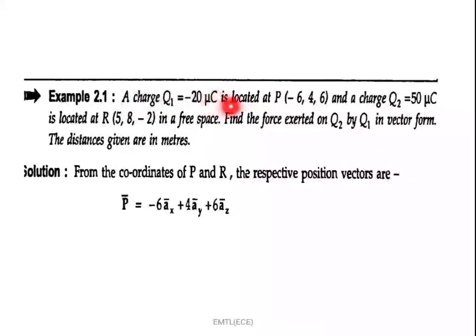A charge Q1 equal to minus 20 microcoulombs is located at P minus 6, 4, 6, and a charge Q2 15 microcoulombs is located at capital R 5, 8, minus 2 in free space.